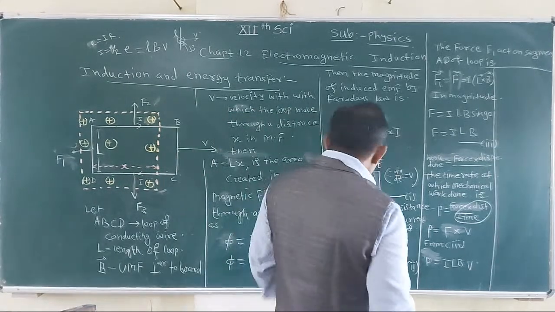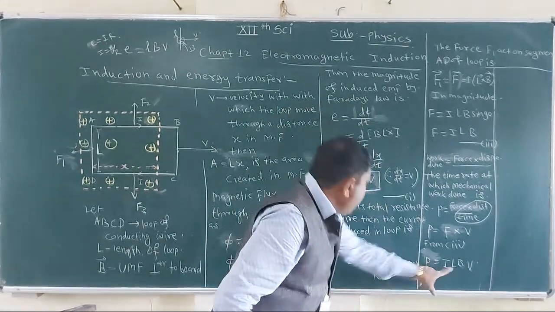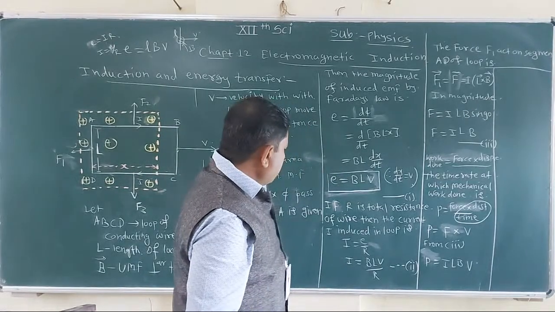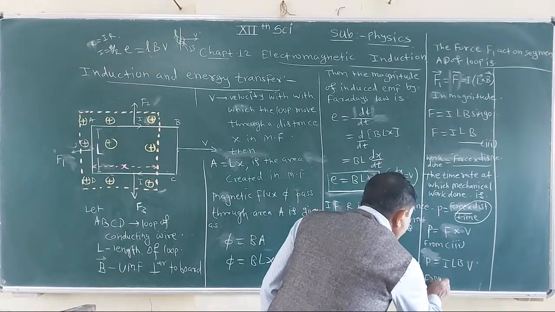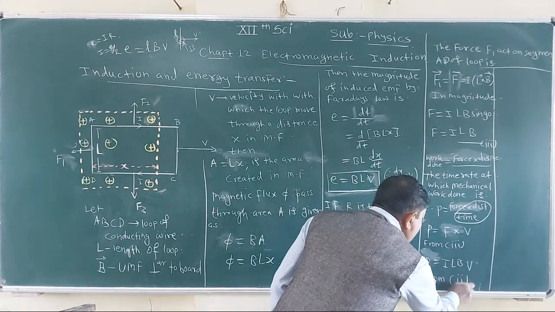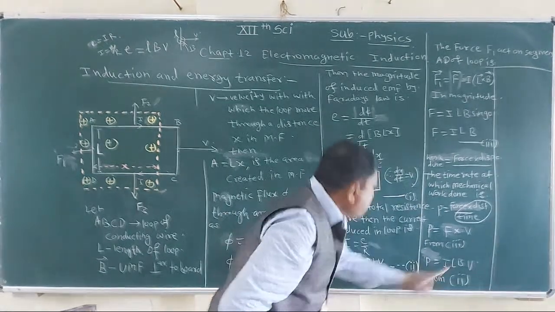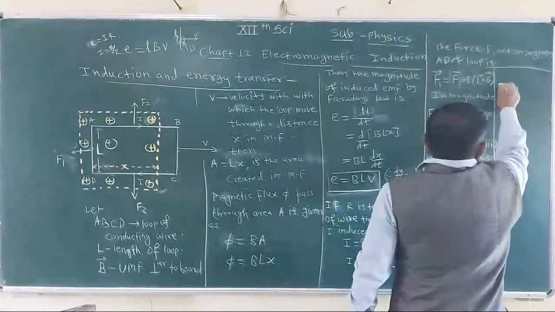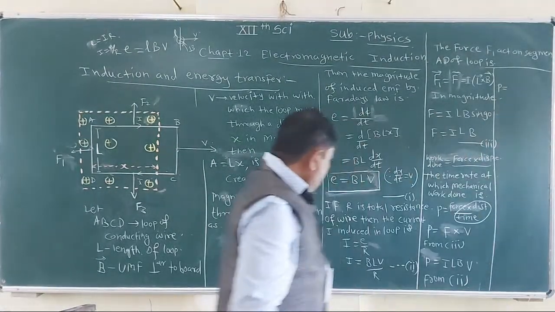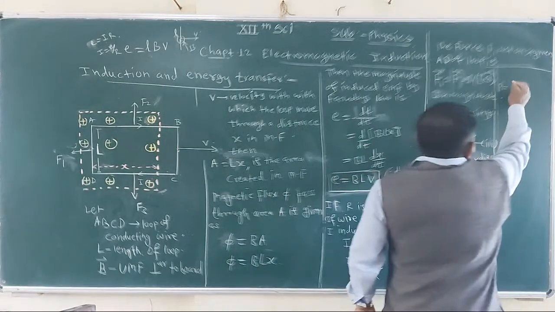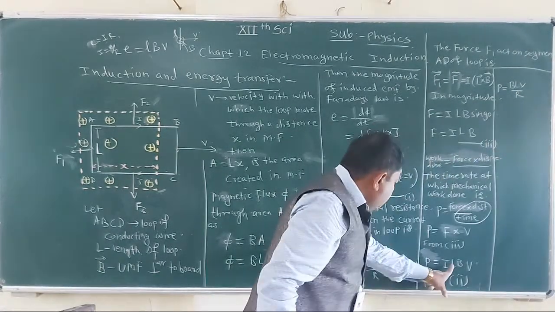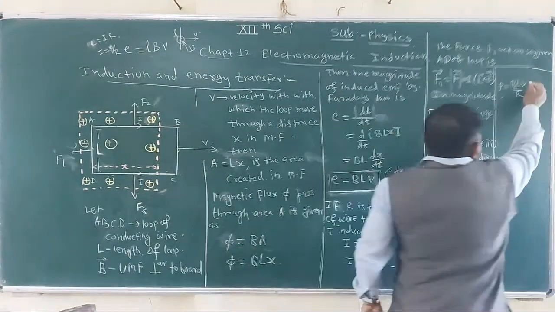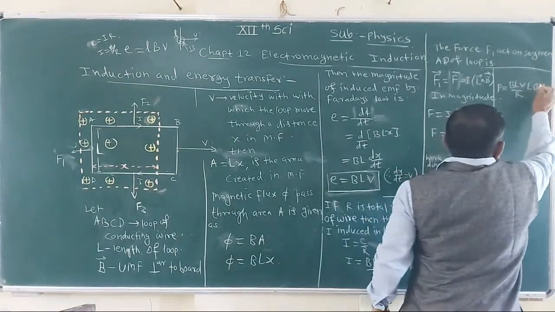So again, from equation 2, what is I? I, the current flowing through the wire, is BLV by R. Substitute the value of I in this equation: power is equal to BLV by R into this LBV.